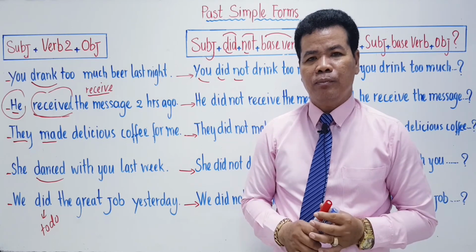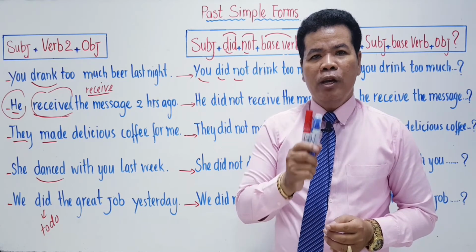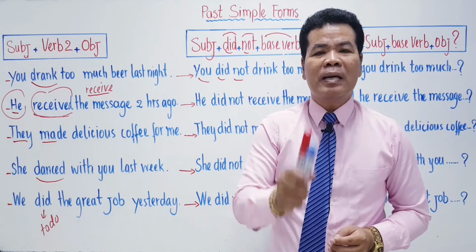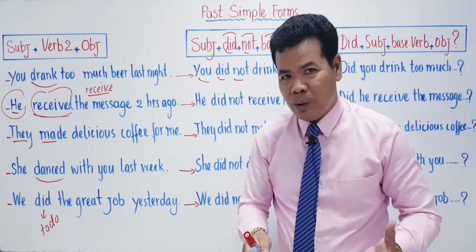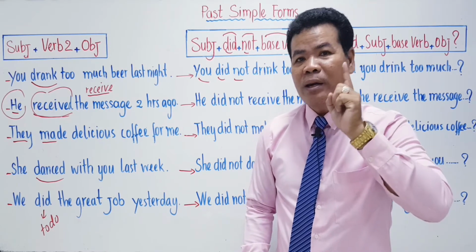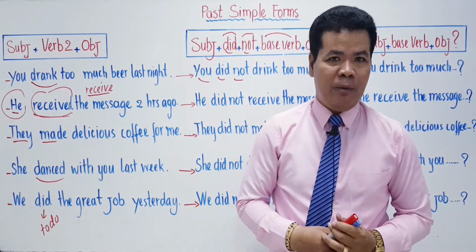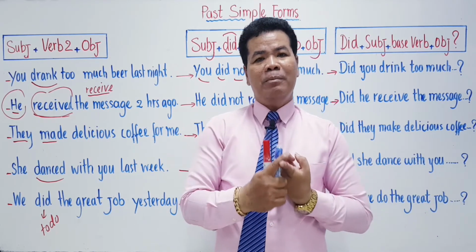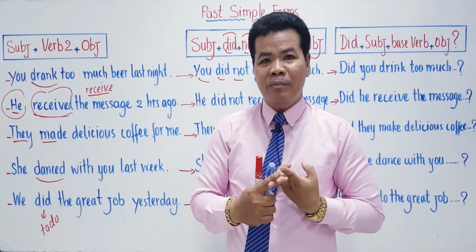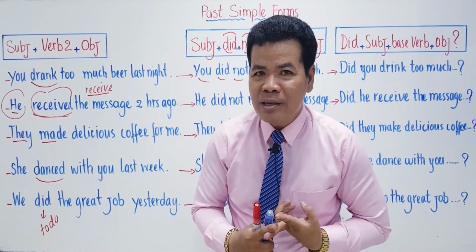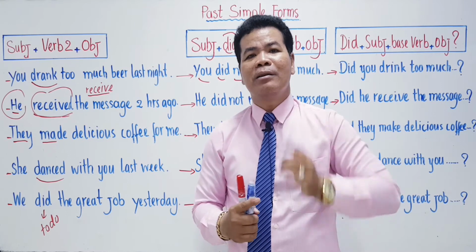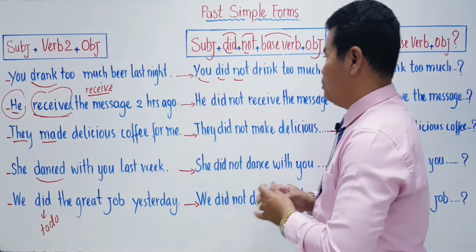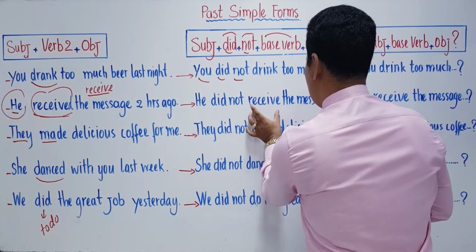Once again, we use the past simple verb, or second verb, verb 2, only in the affirmative or positive form. When we use negative form or question form, there is no more second verb. It goes back to the base verb. Right? So, he did not receive the message.